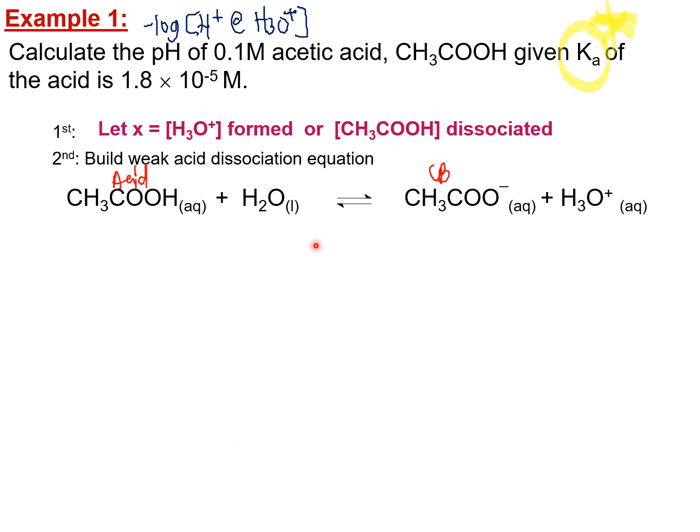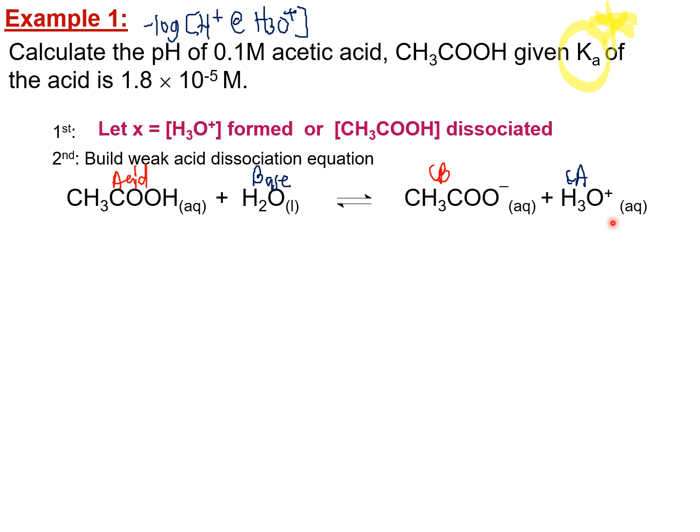And then H2O ni dia flexible. Kalau dah pasangannya acid, this must be base. Kalau base according to the Bronsted-Lowry theory, dia akan accept proton. So produk yang accept proton ni we call it as conjugate acid. Okay, so dia menghasilkan H3O plus kat sini.